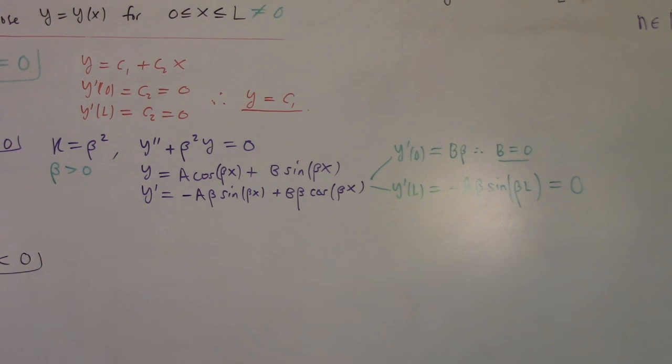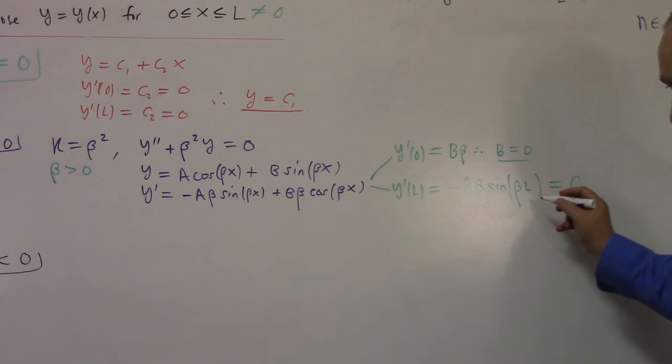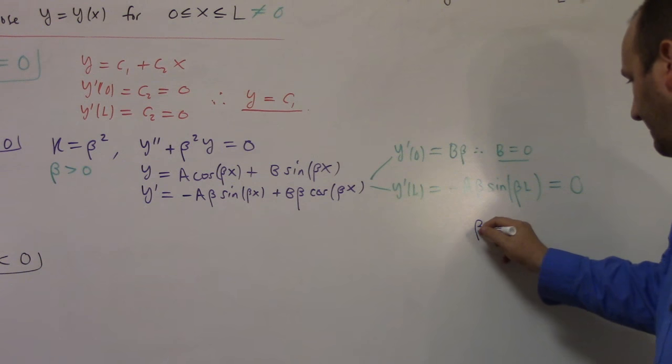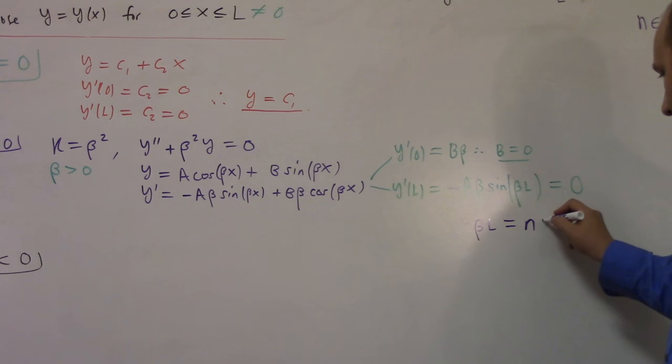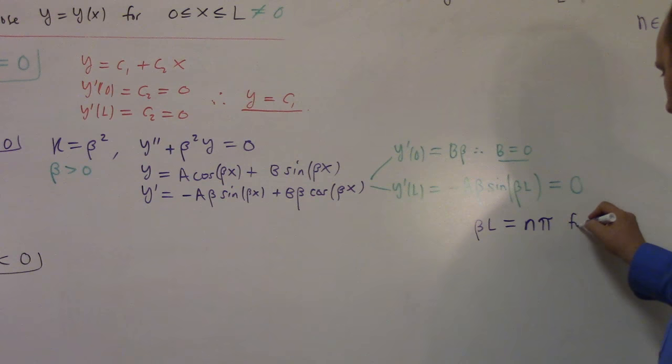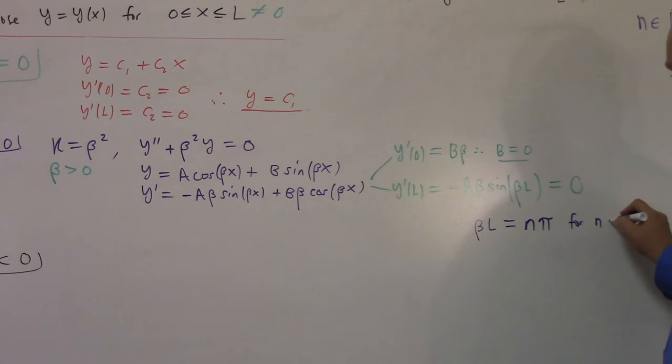Well, I think now it should be fresh in your mind. What's this force upon us? A is not 0. Beta is not 0. Sine of that quantity has to be 0. So therefore, this beta L has to be what? N pi, for some integer.